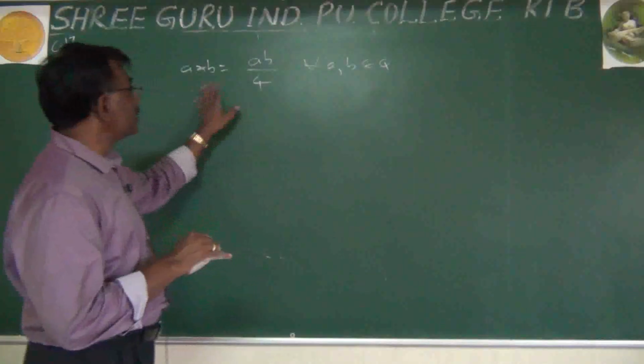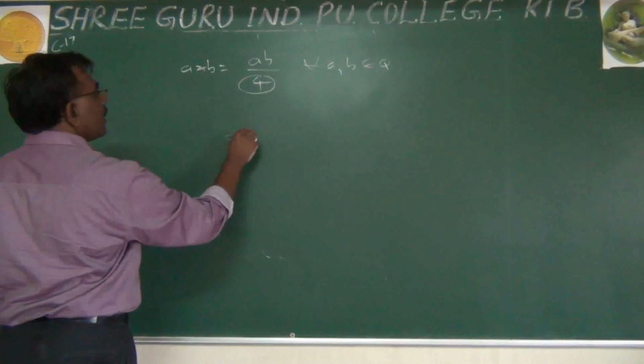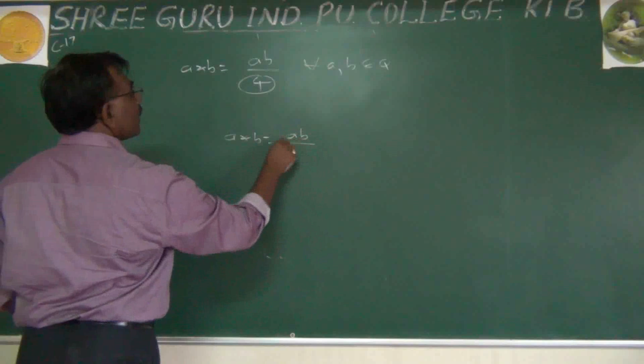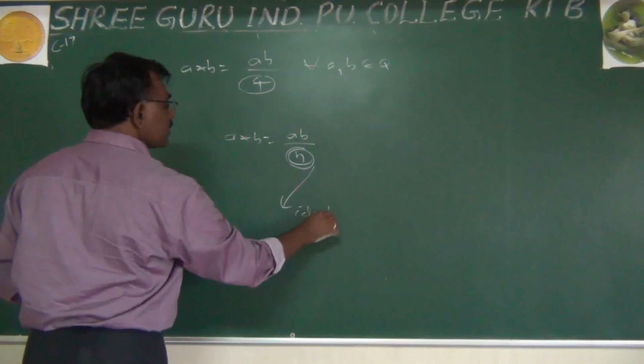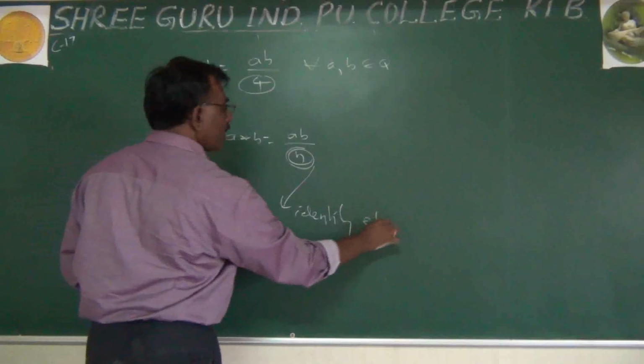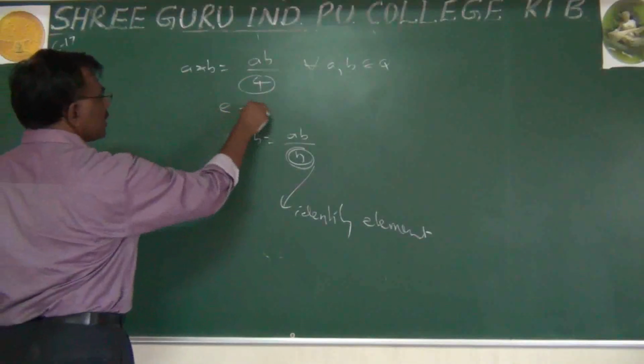Generally, A star B equal to AB by N, here N is the identity. So E is 4.